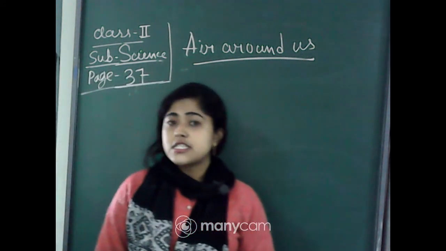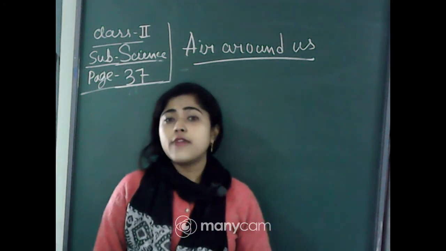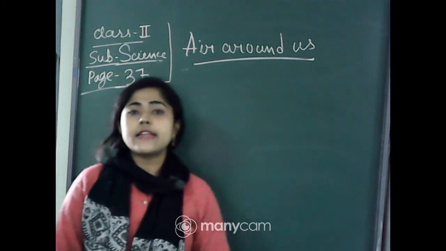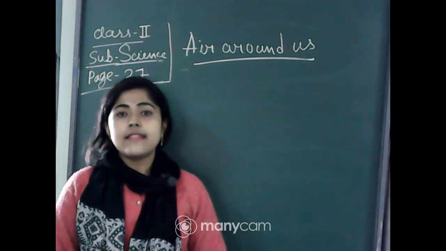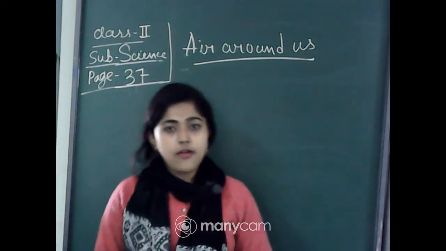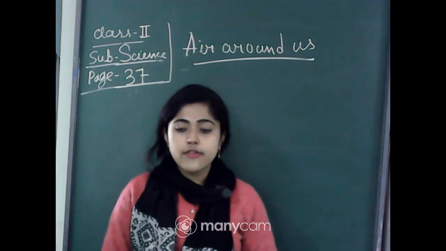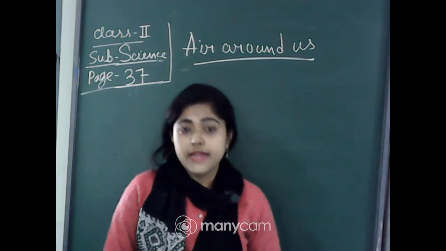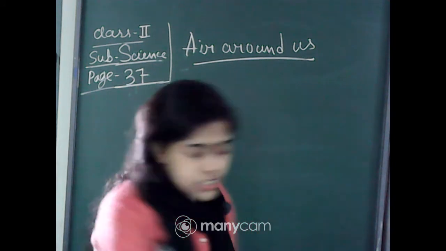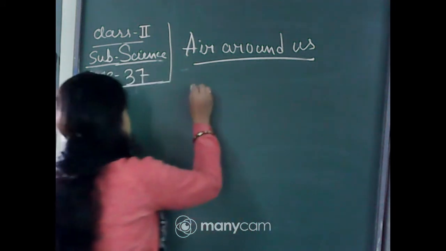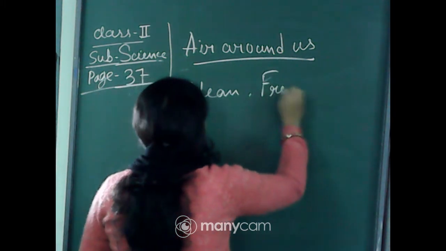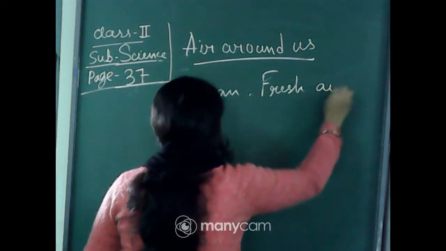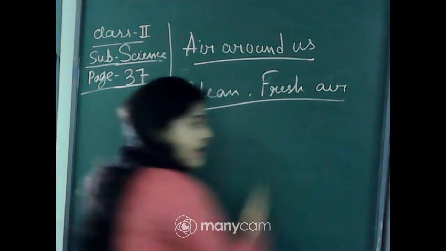So we must breathe clean and fresh air. You know that if we take impure air, that will be very dangerous for our health. So that's why we must breathe clean and fresh air. That's very needed for everyone, right?